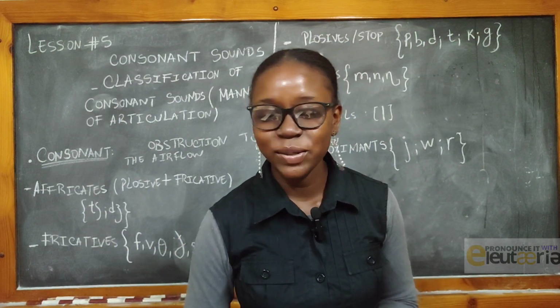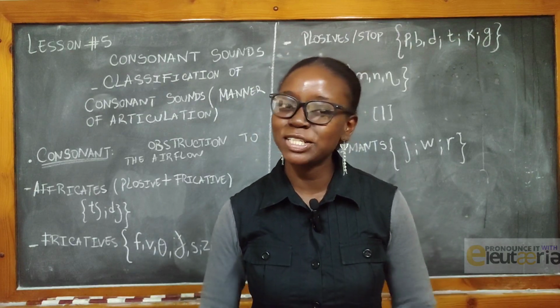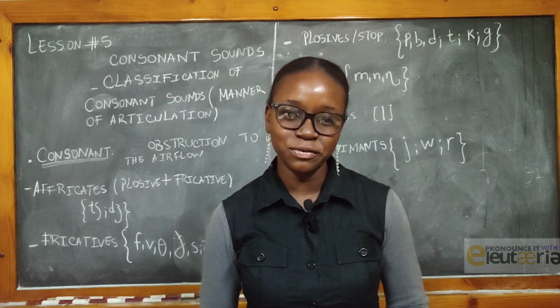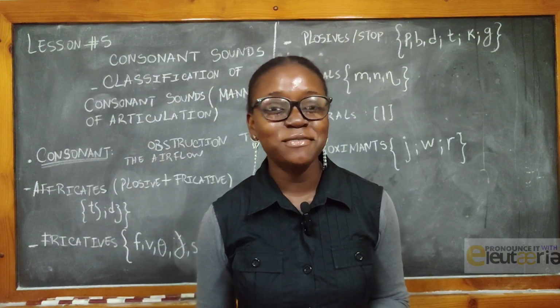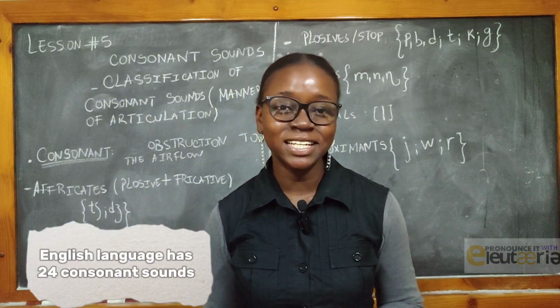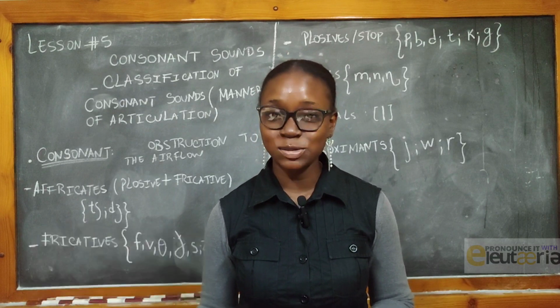Well, let's start our lesson with a curiosity that I'm sure you didn't know or aren't aware of. Did you know that we have 24 consonant sounds in English? Yes, there are 24.